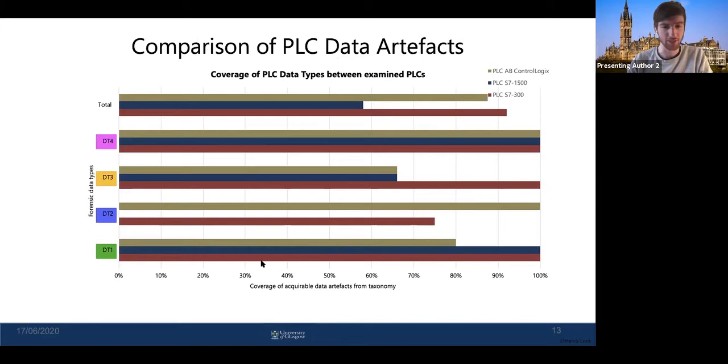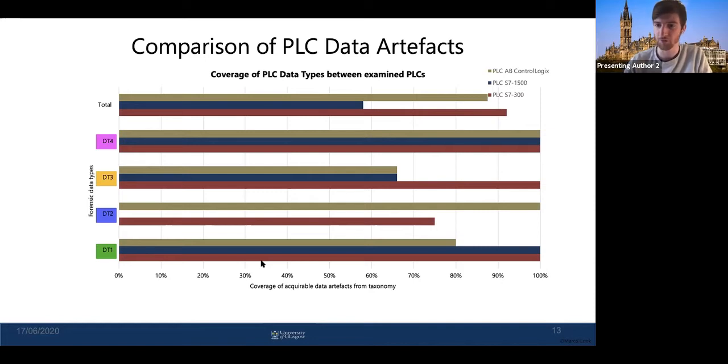The x-axis at the bottom shows the percentage of acquirable artifacts within those data types for each PLC. I included this not just to show the obvious difference in coverage between different PLCs, but also to highlight that we're at different stages of acquisition capability between different devices.